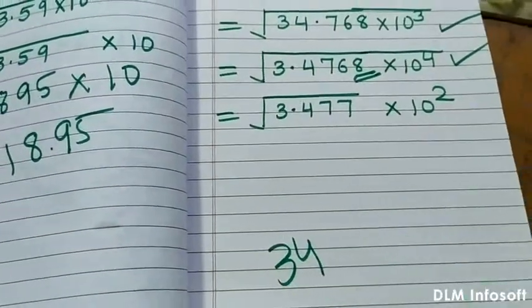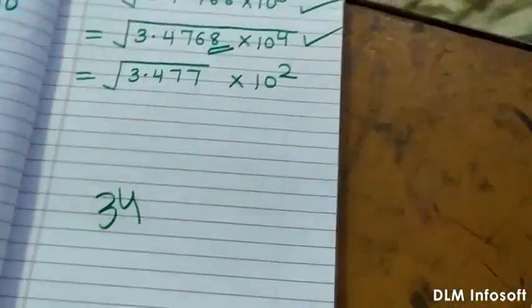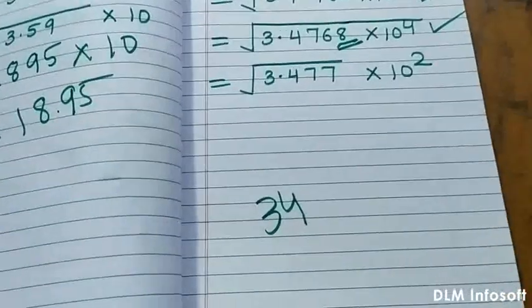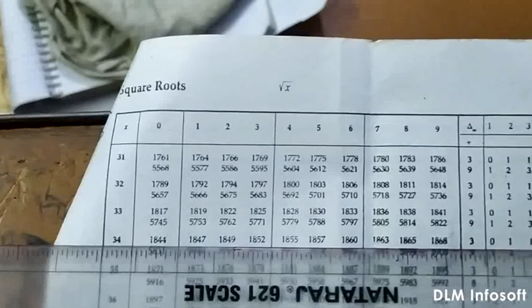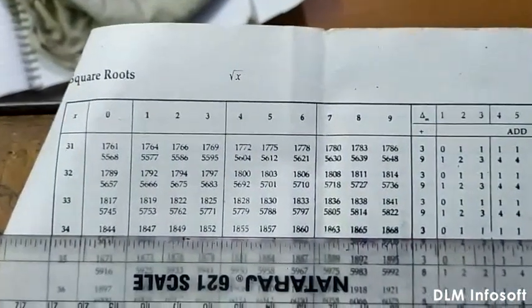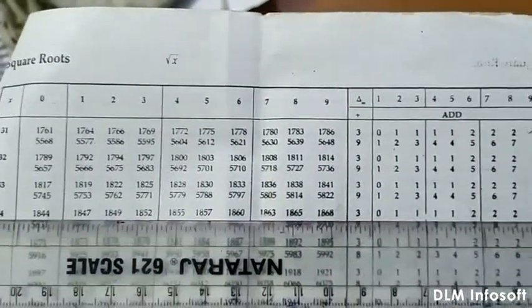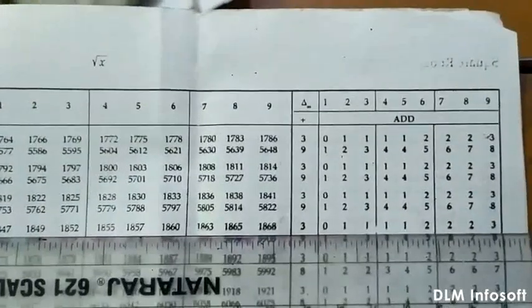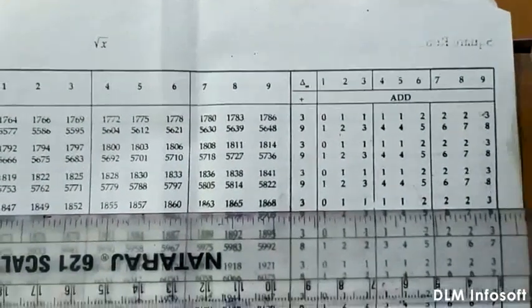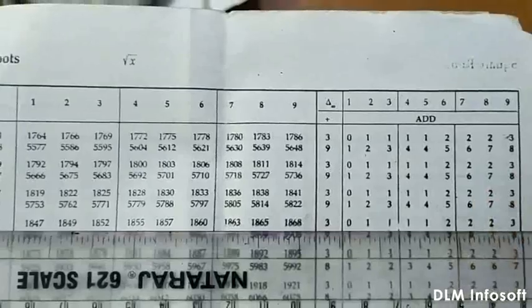So now how will you see? In front of 34, 7, and in the difference also the fourth digit is 7. So you can see here in front of 34 in the first line because there is 1 digit. In front of 34, below 7 it is 1863, and in the difference also below 7, it is 2.